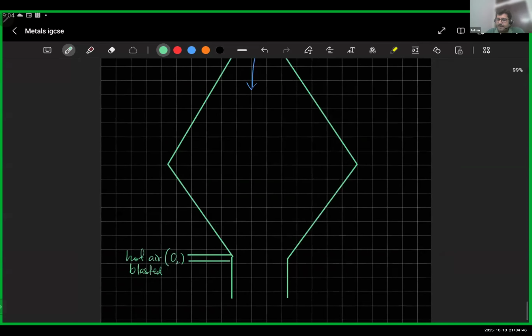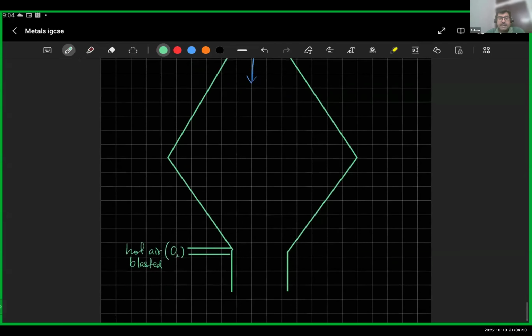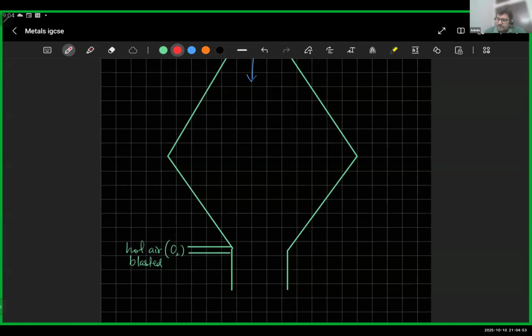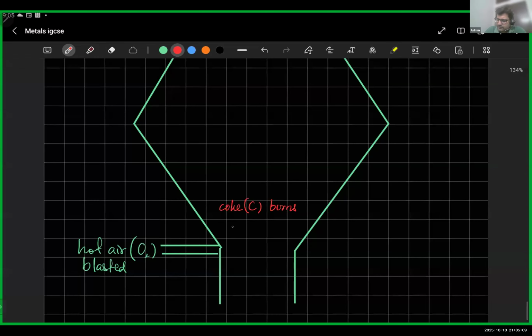The first reaction that happens is that heat gets produced. Right at the bottom, coke, which is carbon, burns. Oxygen is being pushed into the blast furnace, so the carbon reacts with oxygen and ends up producing carbon dioxide.